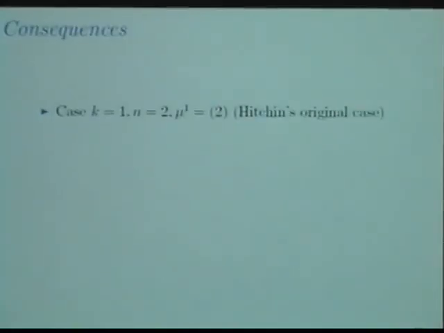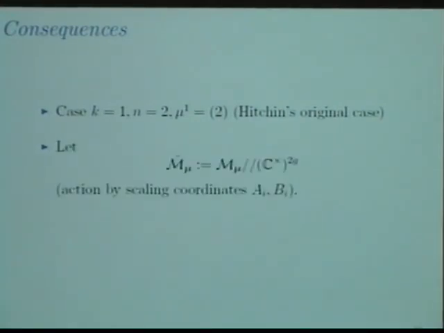Anyway, back to the case of Hitchin, which was n equals 2, and a partition, a central class. There's another feature of these varieties: the center of the group, C star, acts on each one of the A's and the B's, because you can just scale them, and that doesn't show up in the commutator.